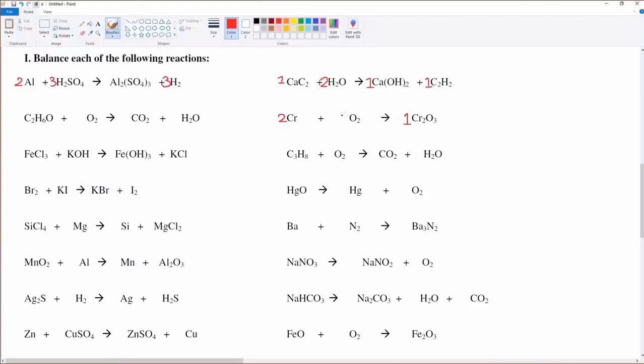I'm going to need three O2s. Okay, if I give myself three O2s, that's six oxygens. Then what? Then I'm going to need two Cr2O3s. Yeah. Okay, hang on. Three of these, I'm going to need two of those, which means what? I'm going to need four chromiums. Good.